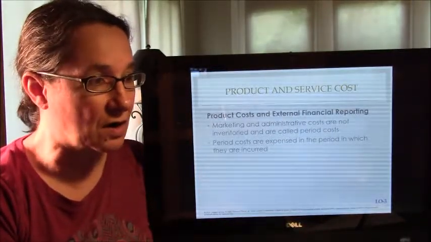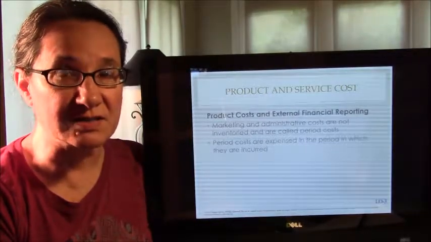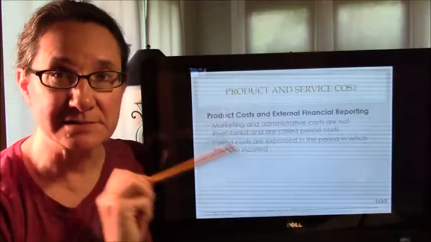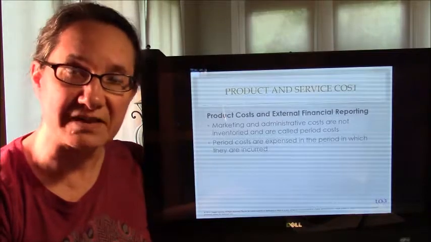Some things are period costs. They're not really overhead. They're not really associated with a specific cost object. So period costs are expensed in the period they're incurred. That's what we're getting at.